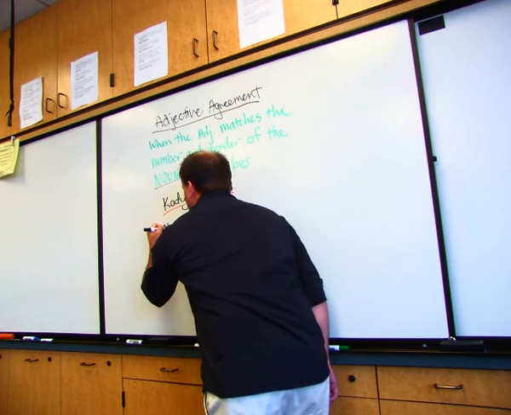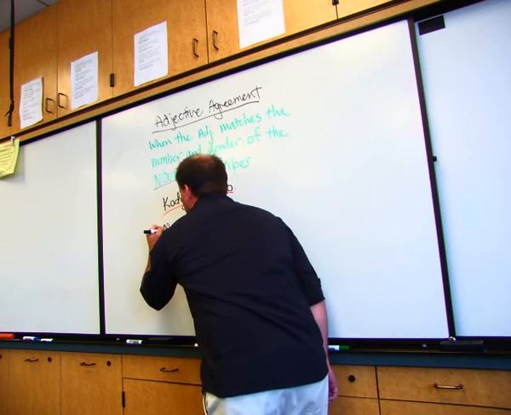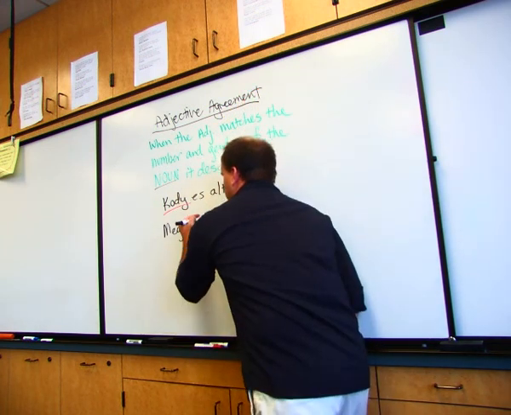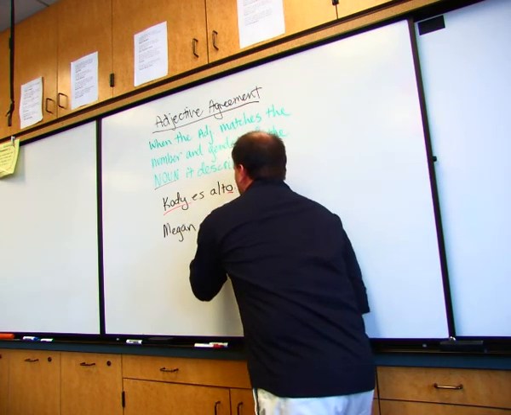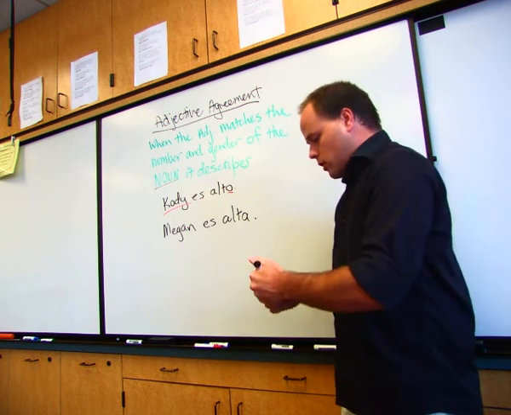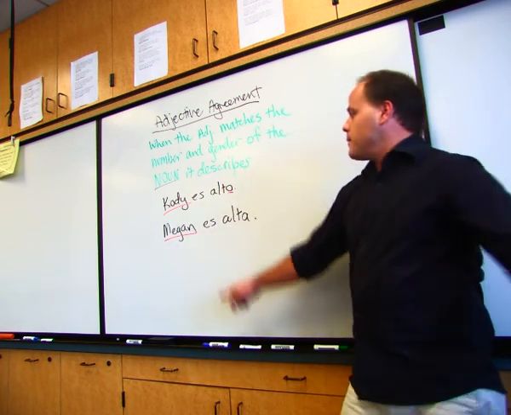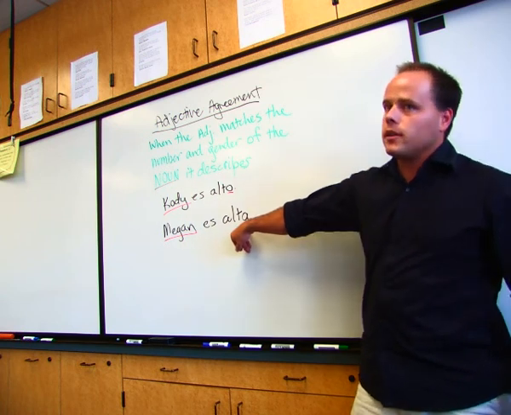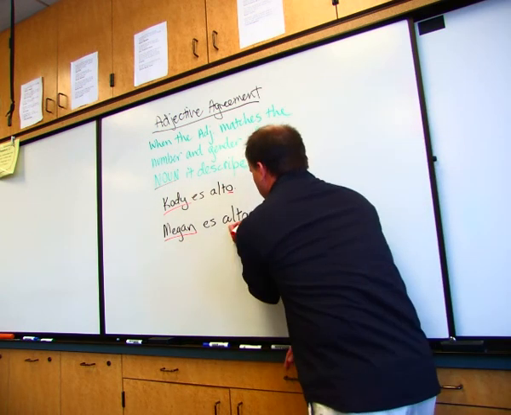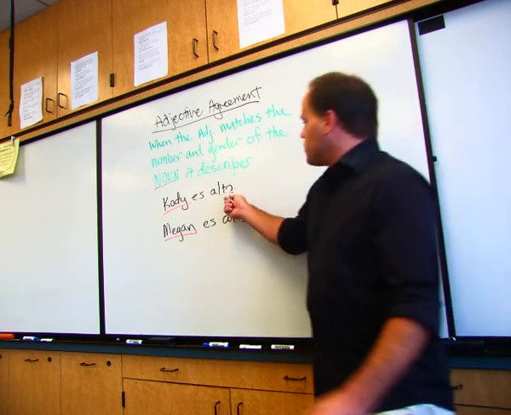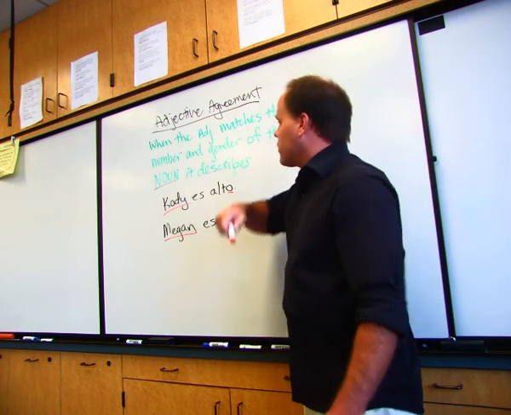Megan es alta. Now, in this case, Megan is a girl, and there's one of her. We established right here, that being the case, we have to match the adjective with her. Megan es alta. So in this case, we see it's matching the gender of the noun.